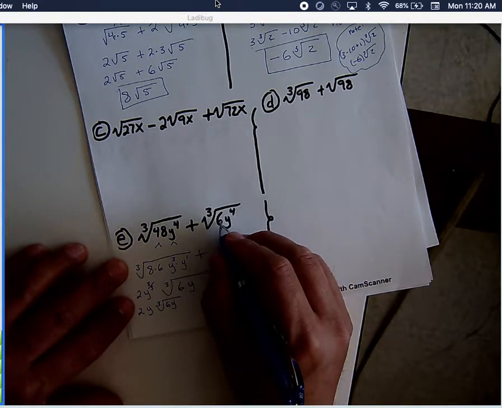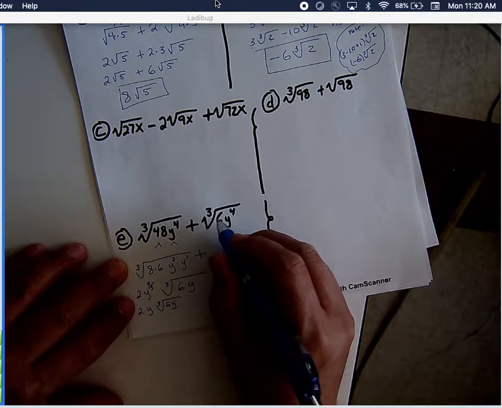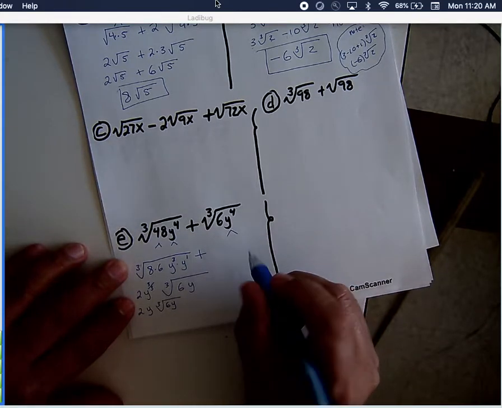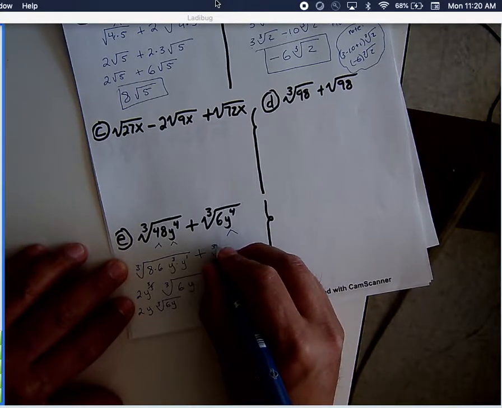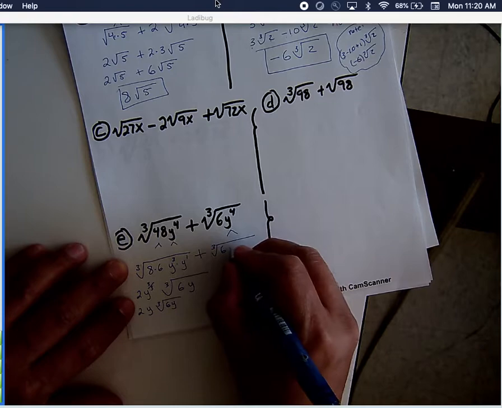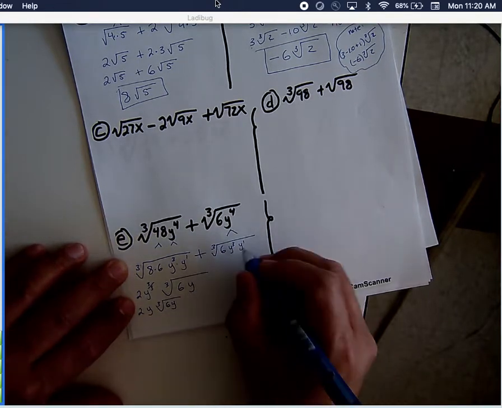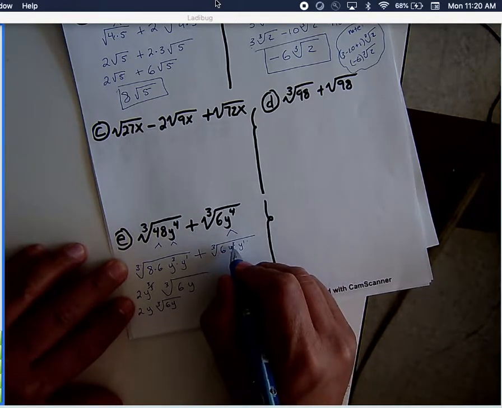So this one, the 6 can be split. There's nothing that we can find that would be a perfect cube root for 6. So that one we're going to leave it alone. But the y^4 is just like this one. We can split it. So the 6 stays. The y would be y^3 and y^1. 3 plus 1 gives you that 4. Why am I doing 3 and 1, not 2 and 2?